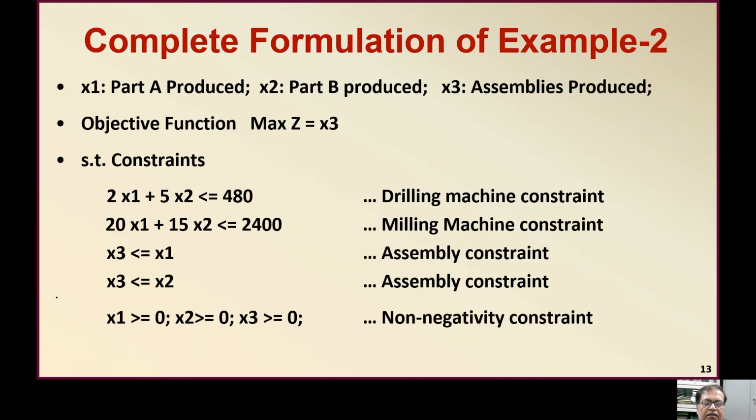Objective function: maximize z equal to x3 subject to constraints 2x1 plus 5x2 less than or equal to 480, that is the drilling machine constraint, 20x1 plus 15x2 less than or equal to 2400, that is the milling machine constraint, and x3 less than or equal to x1, assembly constraint, x3 less than or equal to x2, another assembly constraint, and x1, x2, x3 are all greater than or equal to 0. So that would be the complete formulation of this particular example.